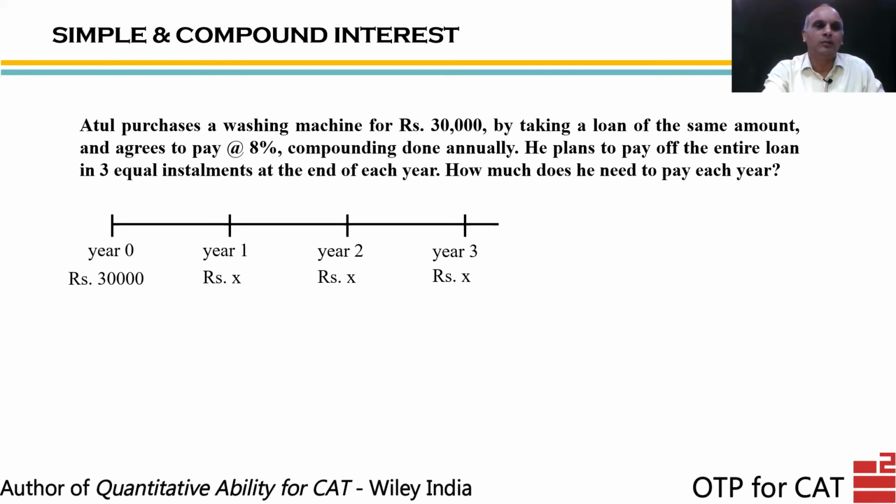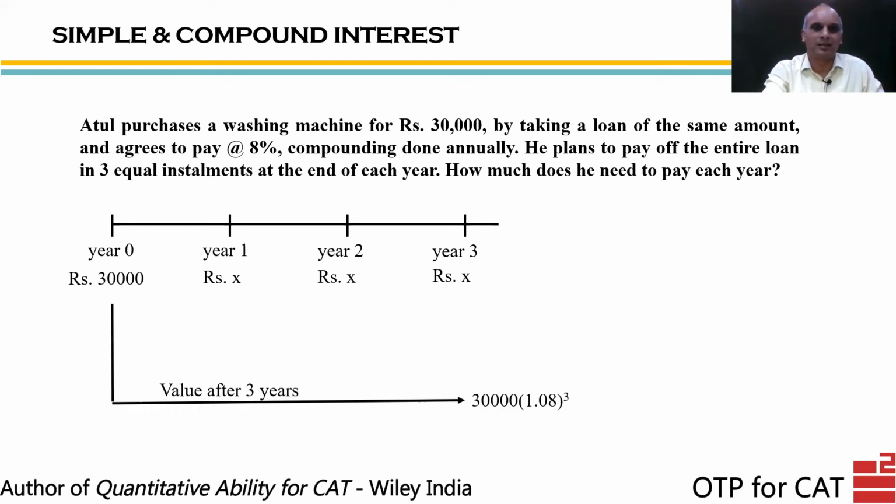So what do we do? We convert the value of each payment, whether we receive or we are giving, value of each payment at the end of 3 years from now. So what is the value of 30,000 rupees which we have taken loan today, 3 years later? The value of this will be found as this, principal into k to the power 3.